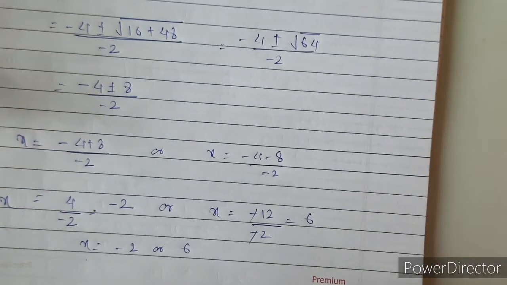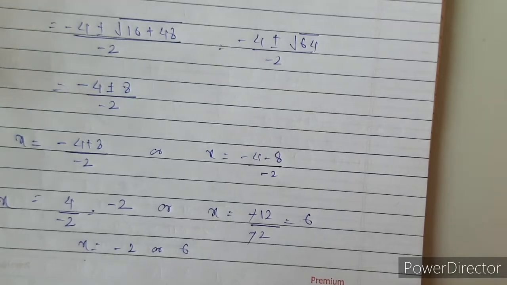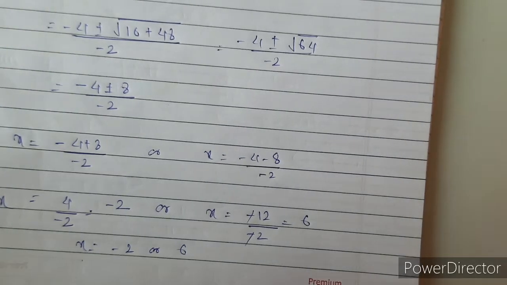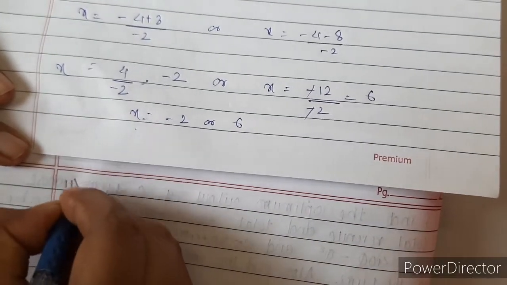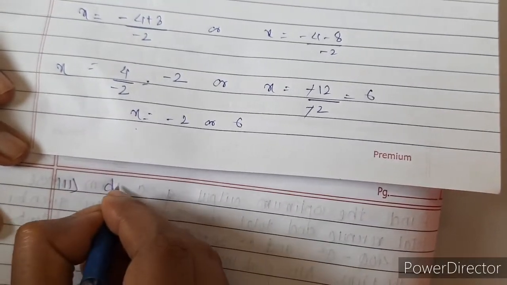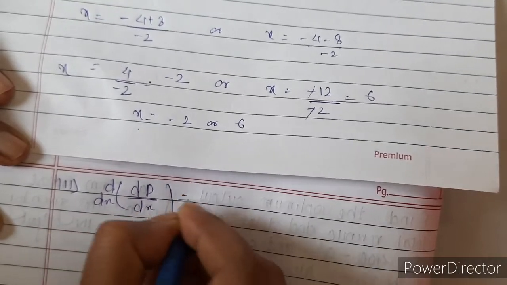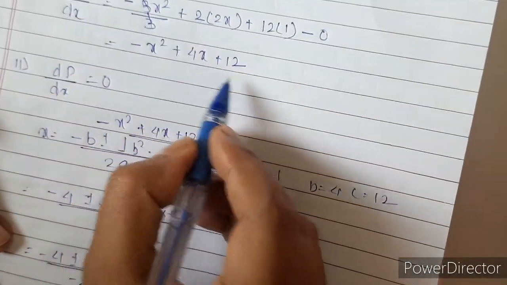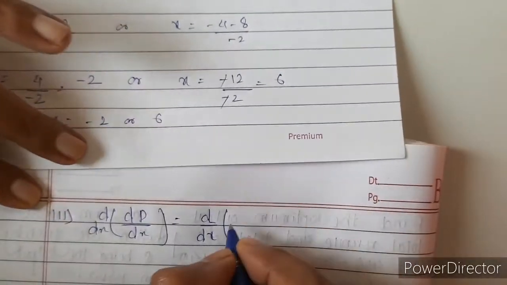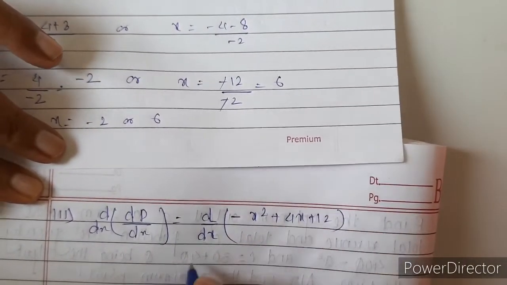Now we have to find at which point it is giving us maximum profit and at which point it is giving us minimum profit. So for that we have to find the second derivative. So the derivative of the first derivative, and the first derivative is minus x square plus 4x plus 12.